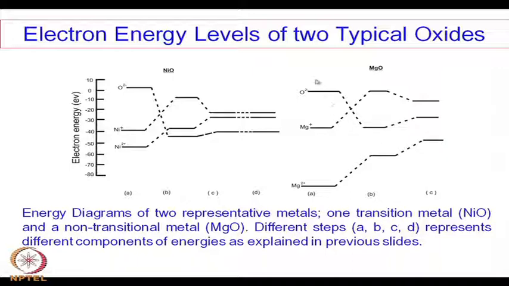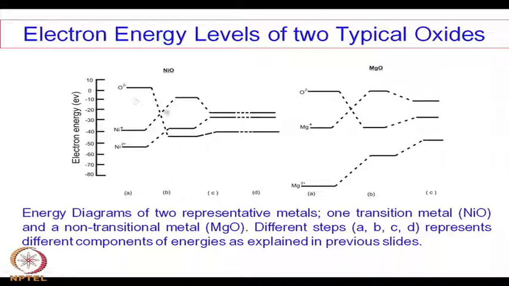So, these are the different components of the energy associated with the different steps involved, and finally, you will see that Mg+ is the highest, O2- is in between, and Mg2+ is the lowest. So, this is the lowest energy, this is the intermediate energy, and this is your highest level of energy.